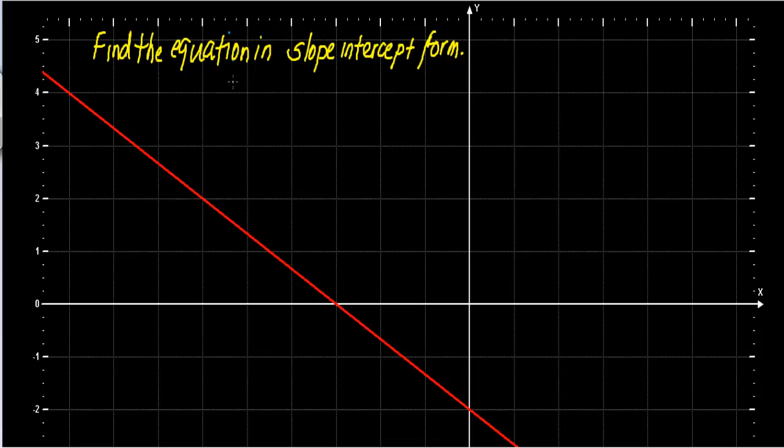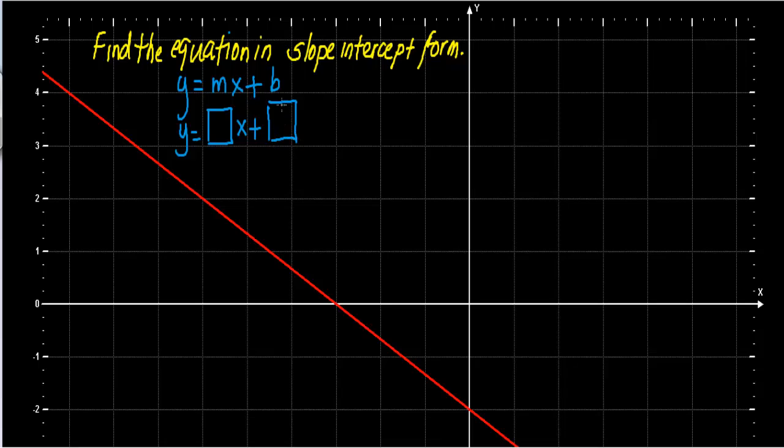Okay, the first thing I need to find, remember the slope-intercept form is y is equal to mx plus b. That means I need to fill out two pieces of information. I need to find the slope and I need to find the y-intercept.